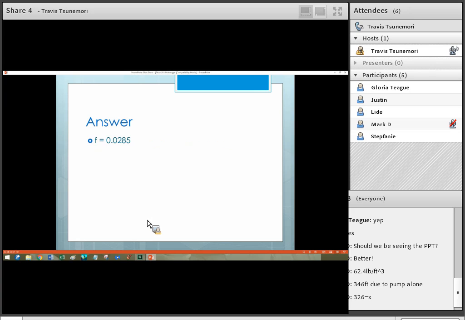And the answer I got was 0.0285. So if you have a Moody's diagram, check me, see if you get the same number.